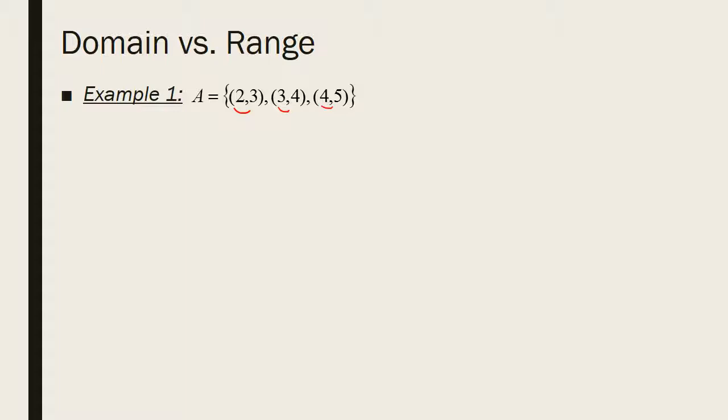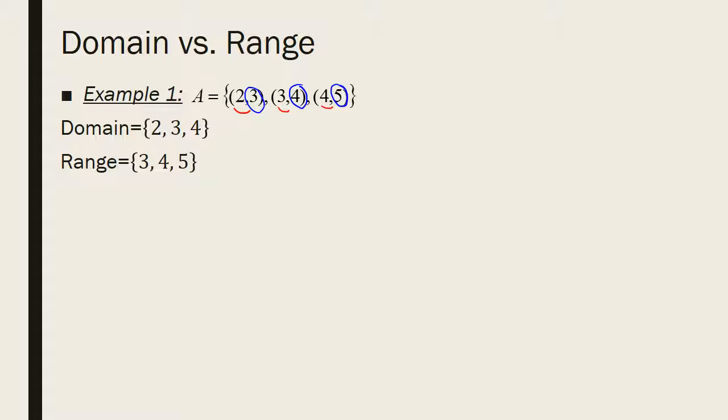These inputs will make the domain of the relation set, which means the domain includes 2, 3, and 4. If we look at the outputs, we'll see that the outputs are 3, 4, and 5. That means the range of the function includes these outputs, 3, 4, and 5.